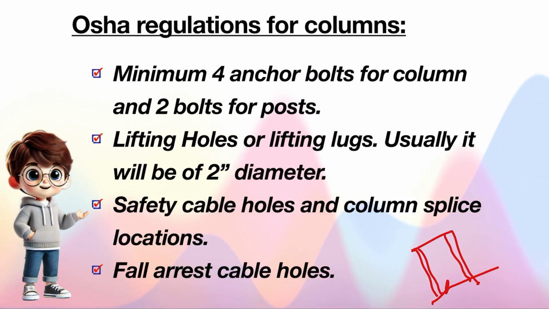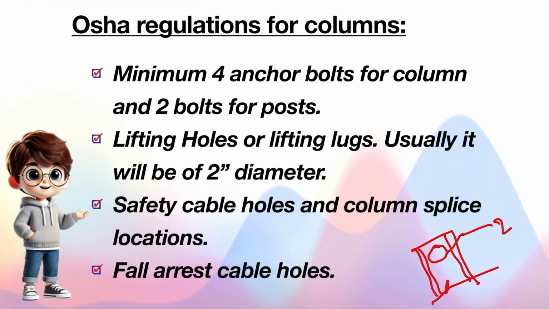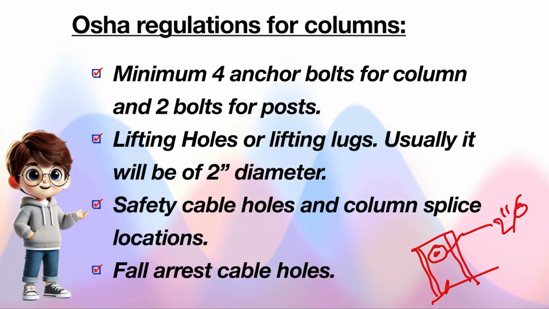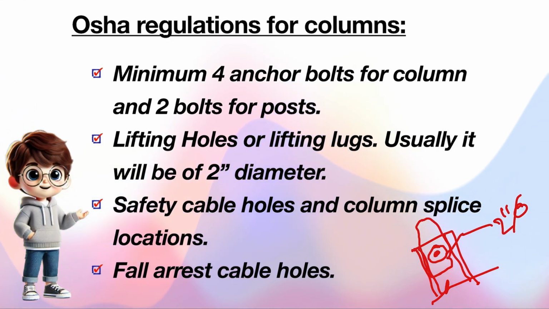They will punch a big hole of around 2-inch diameter. This is what they call a lifting hole. In these lifting holes they'll insert an erection pin. That erection pin will be clamped on both sides and they'll lift. In this way, to lift the column they use lifting holes.